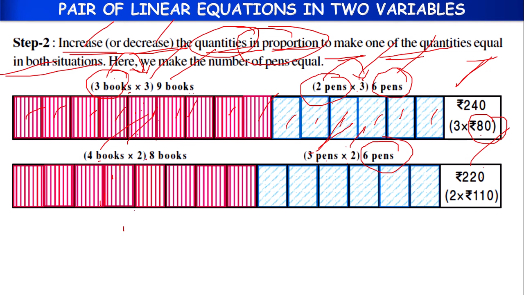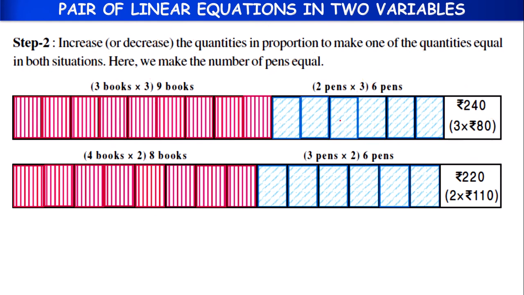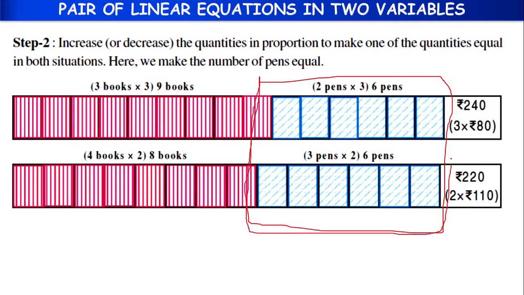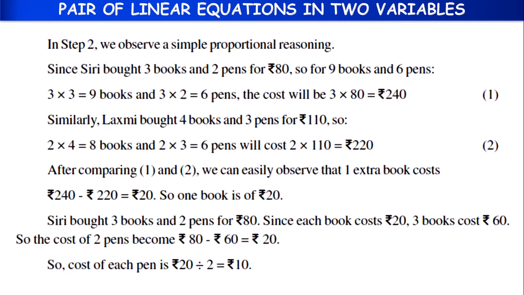So 4 into 2 is 8 books, 3 into 2 is 6 pens, and 110 into 2 is 220 rupees. By multiplying with the same number, we have made the number of pens equal in both cases.